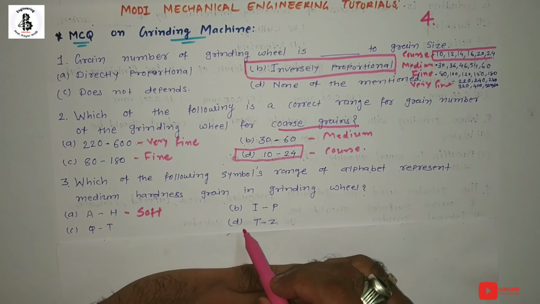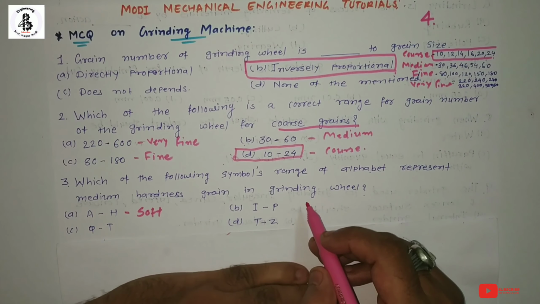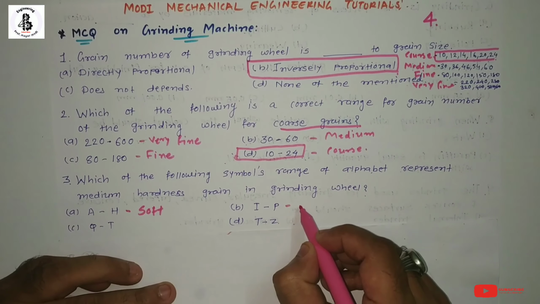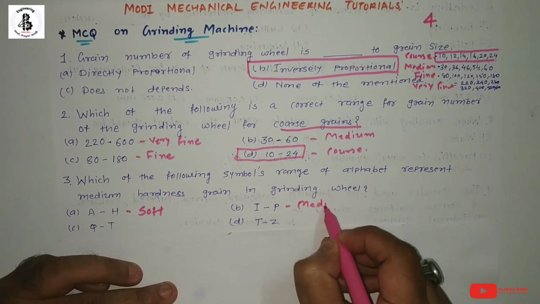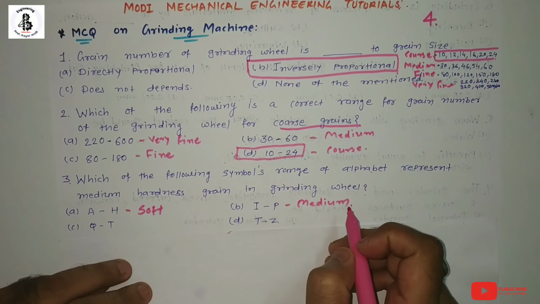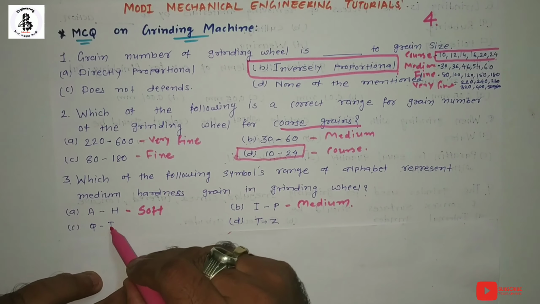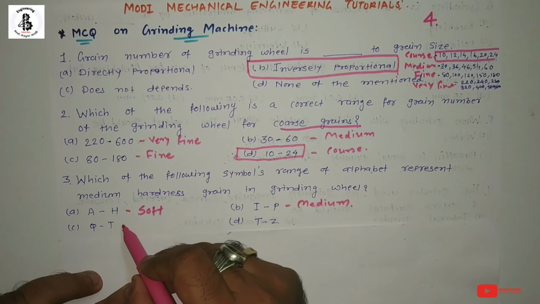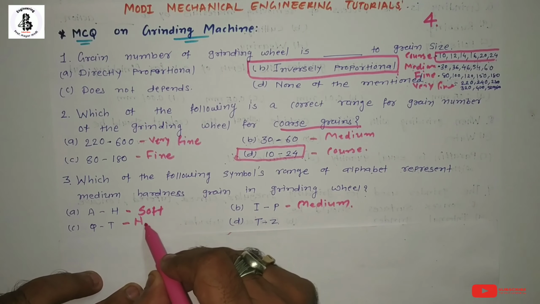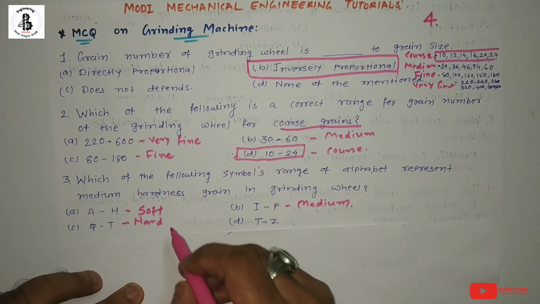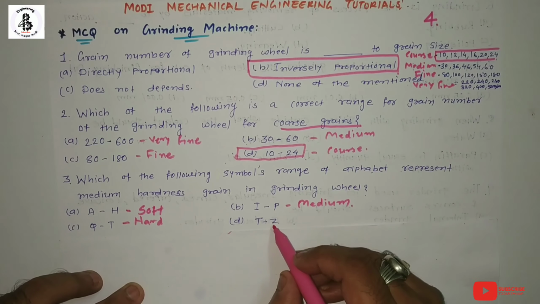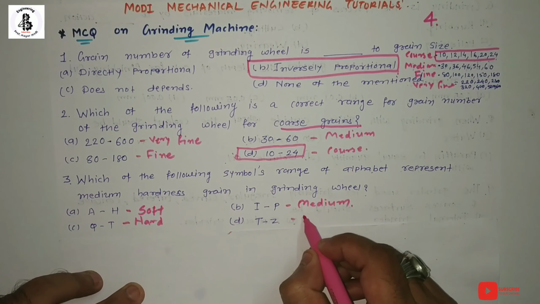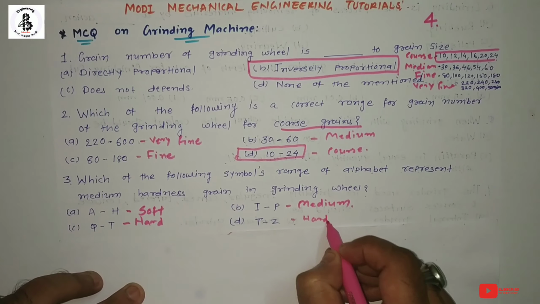Option B I to P is the category of medium. Option C Q to T is the category of hard, and T to Z is also the category of hard.